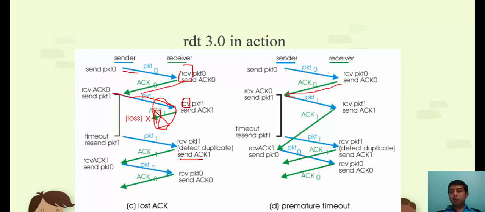Now assume that there is a huge delay. Say this timer is of 40 milliseconds. The timer is of 40 milliseconds, but it has received this packet say after 34 milliseconds, and it will send an acknowledgement.